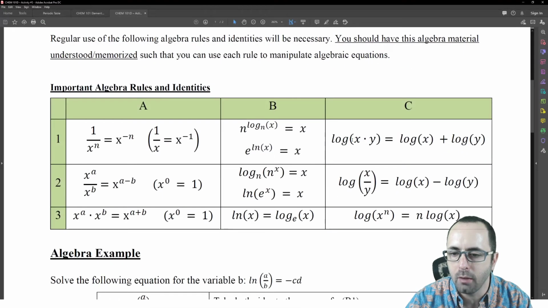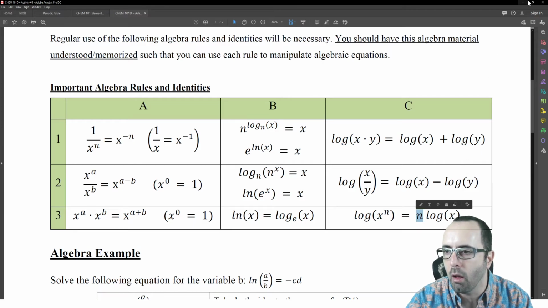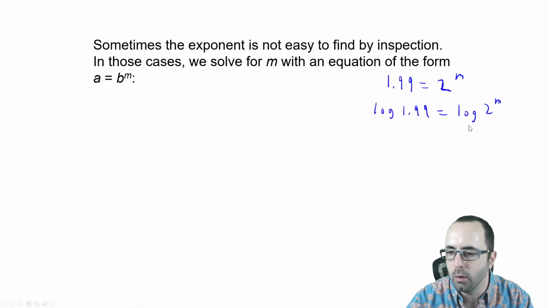If we go back to our review exercise, this is rule C3 that we're using. So if we have a log with an exponent inside, we can take the exponent out and put it in front of the log. That's what we're going to be doing right here.